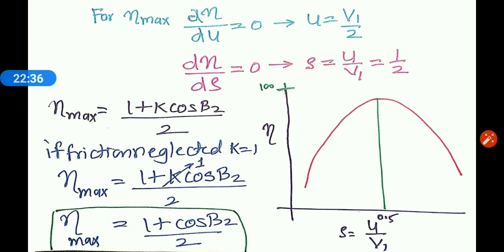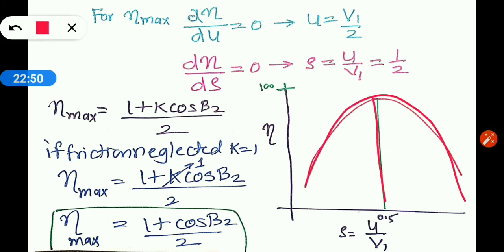Now we can plot the efficiency curve with respect to u by v, and we'll see that it is a parabolic curve. Now why are we getting a parabolic curve here? Why are we getting maximum efficiency only at one point?